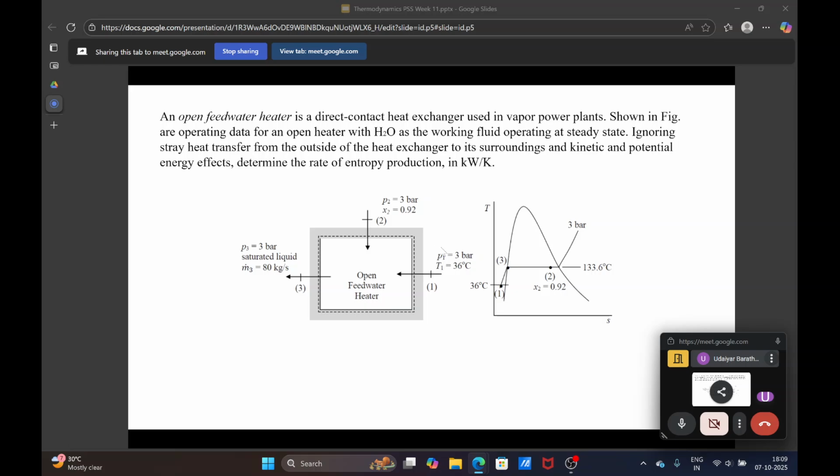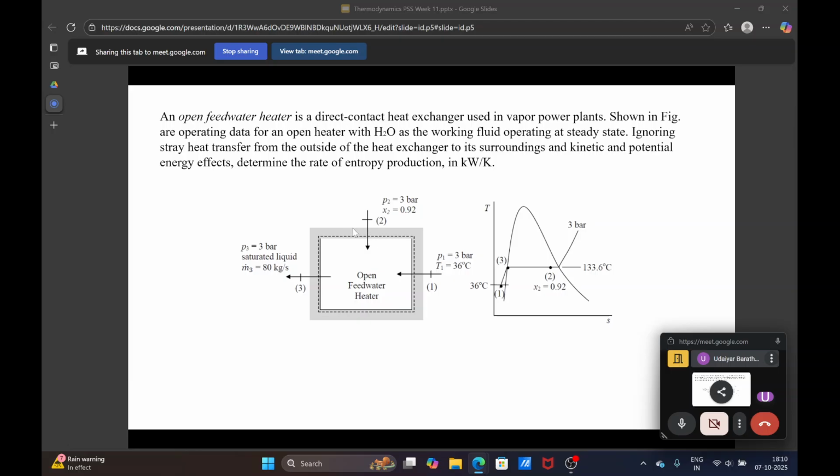The other stream is coming in at the same 3 bar, but the vapor quality is 0.92. So this is in the form of steam and the other is in the form of liquid. So both get mixed, so steam gets cooled in the process and the water gets heated up. What you are left with is a 3 bar saturated liquid stream which is going out. So this is the process which is happening.